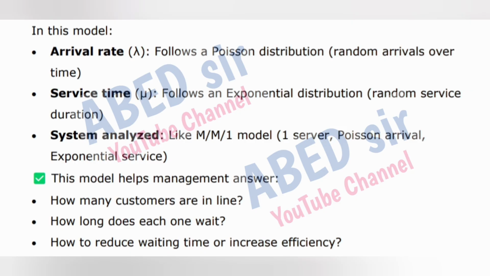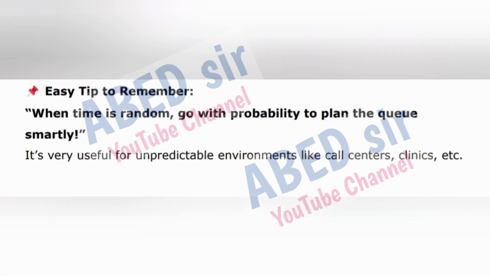This model helps management answer how many customers are in line, how long does each one wait, and how to reduce waiting time or increase efficiency. Easy tip to remember: when time is random, go with probability to plan the queue smartly. It's very useful for unpredictable environments like call centers, clinics, etc.